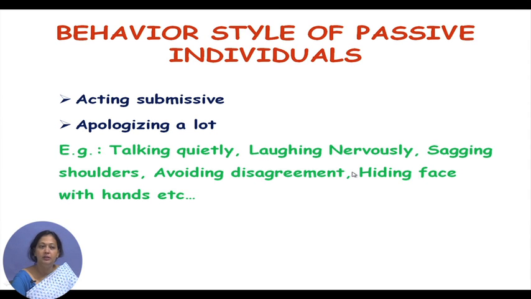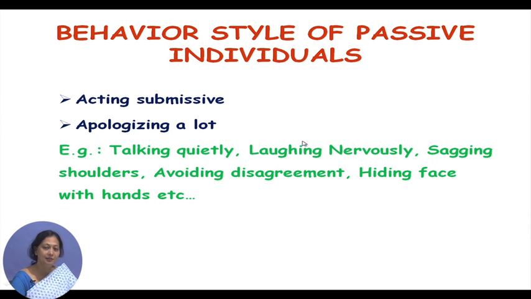Say, suppose you have decided to take everybody to a movie, and when you go to the movie hall you find out that that day's show is cancelled for some reason. A passive individual may start taking all the blame and constantly apologize to everybody. Now, what is he doing?